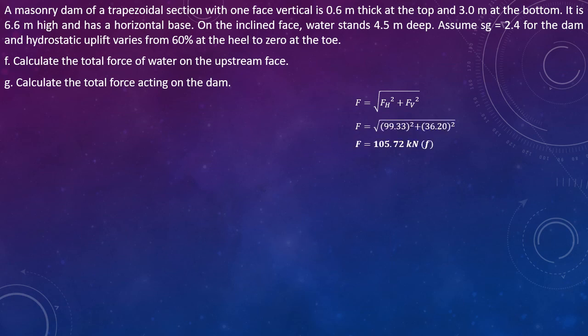Substituting, F is equal to 105.72 kilonewtons. And for the total force acting on the dam, that is R, which is simply the square root of Rx squared plus Ry squared. Substituting, we have R is equal to 293.49 kilonewtons.